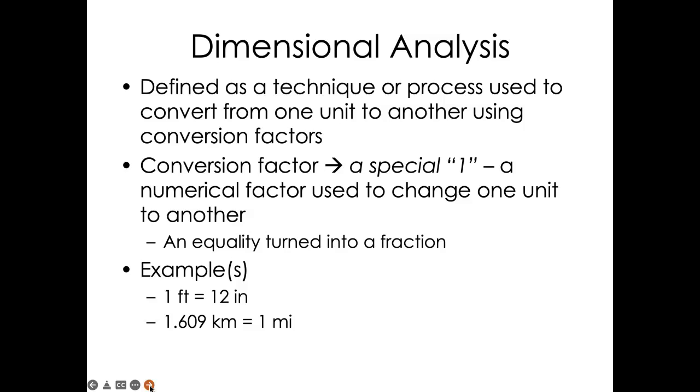So 1 foot is 12 inches, so that may be one thing that we'll use, and we would write that as a fraction. Now, that's super easy to write as a fraction because I can just say 1 foot over 12 inches, or I can say 12 inches over 1 foot.